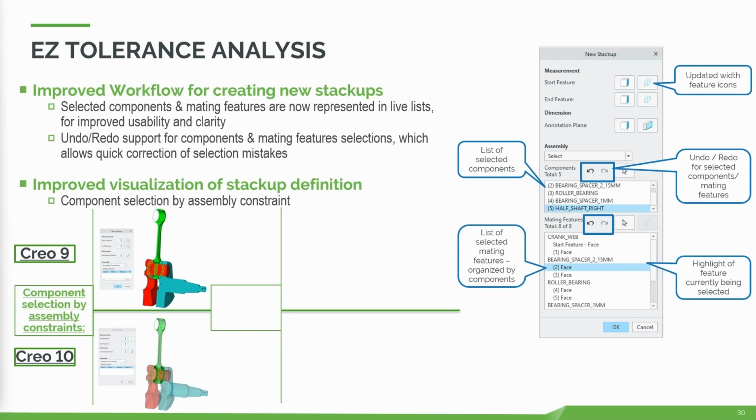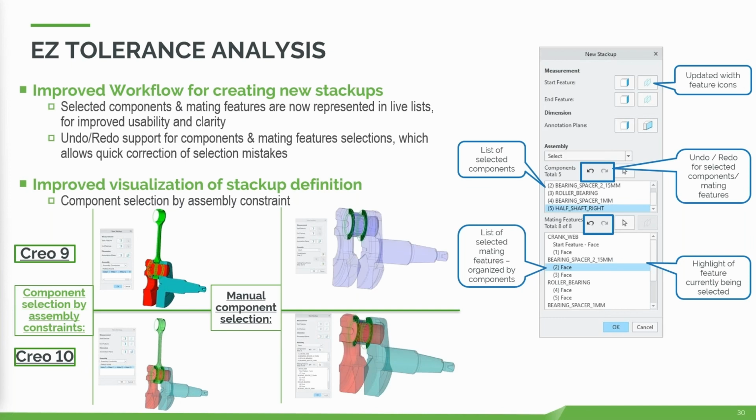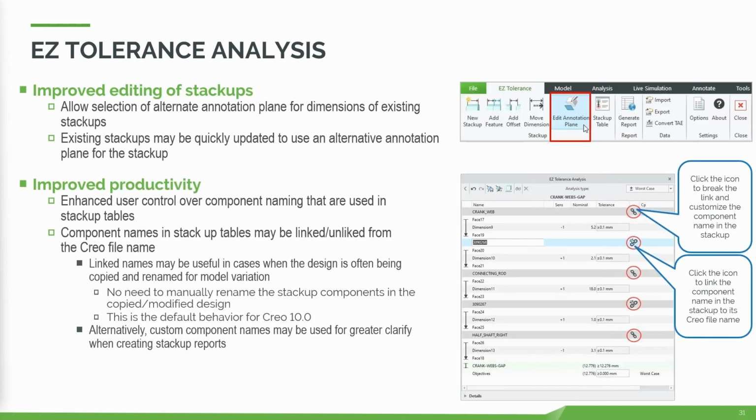Here in the screenshot, there's an update in terms of general workflow and UI look, with better visualization of the stack-ups when you're going through the creation compared to Creo 9 and earlier versions of Creo.